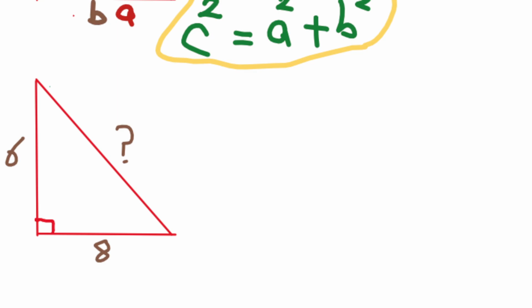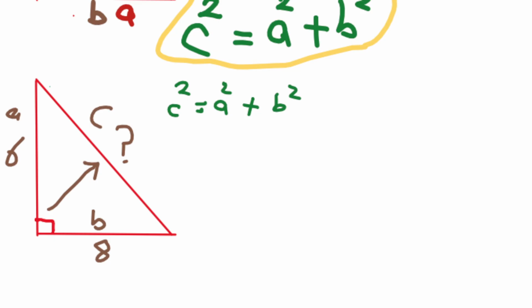So, the first thing is we write the formula. C squared is equal to A squared plus B squared, and it's up there, which is good. Now, substitute the values. So let's give them names. This side I'll call A, and this side I'll call B. And the one opposite to the right angle is C. So we now are looking for C.